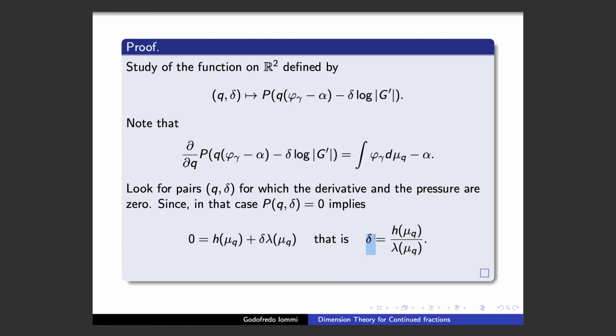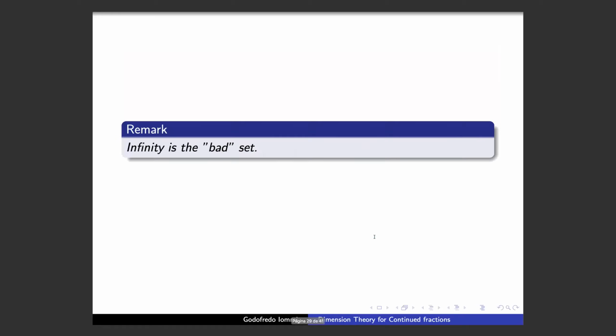So there is obviously an analogy here, and the analogy is that the infinity, in the case of the Gauss map, plays the role of the parabolic fixed point in the Manneville-Pomeau case. Or in other cases, if you want to find more complicated bad sets that are not just a fixed point. But that's the point I want to make.